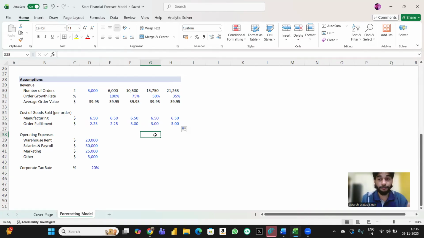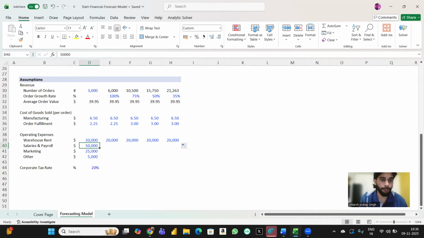The other operating expenses are generally those expenses which are very fixed in nature, like salaries and payroll, which would be in a similar range for a longer period of time. So we are going to do the same for all the four data.